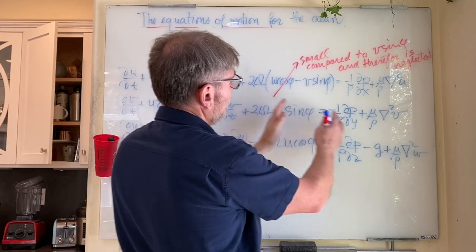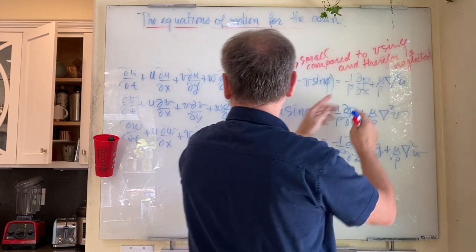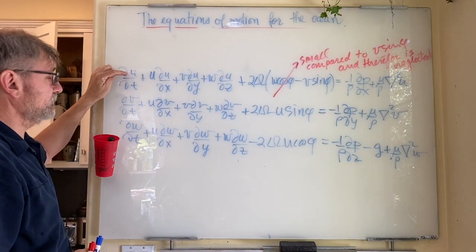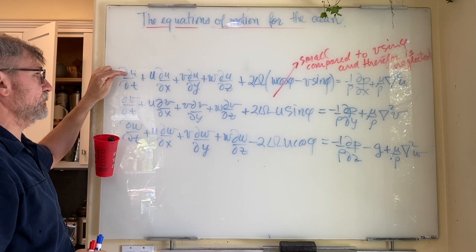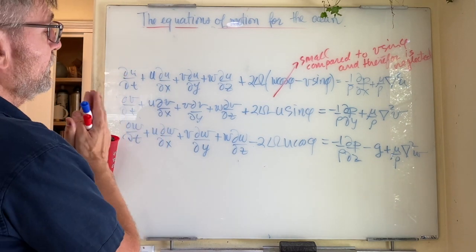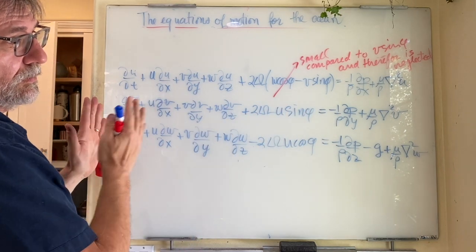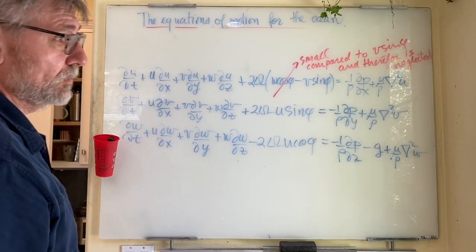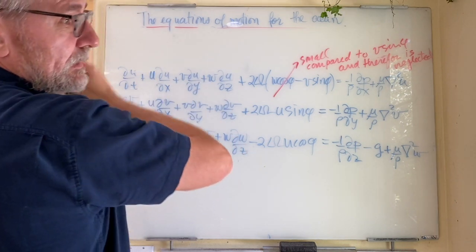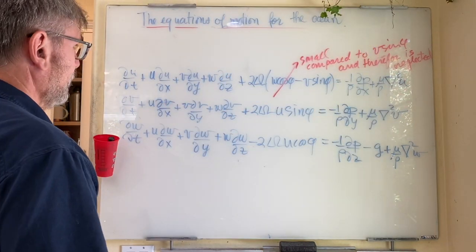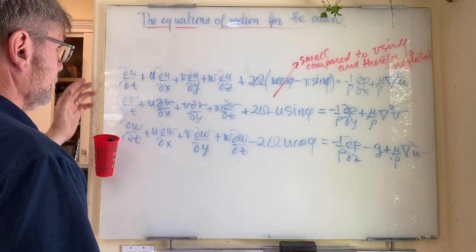So if I bring it to the other side, this would be positive, which would mean u would get a positive acceleration due to the Coriolis force. So if I'm moving north, there'll be an acceleration in the positive x direction, or in the eastward direction, right? So if we're moving north, we get deflected to the right, which is what we're usually used to.